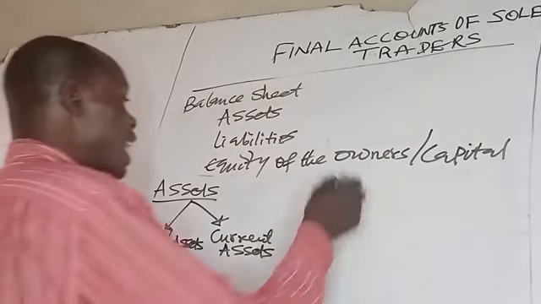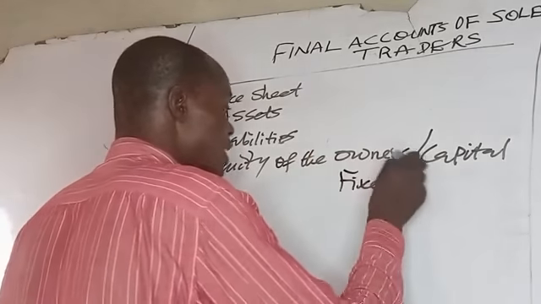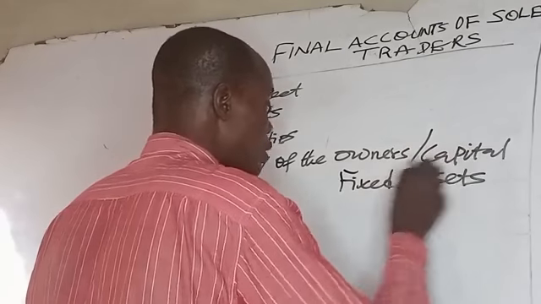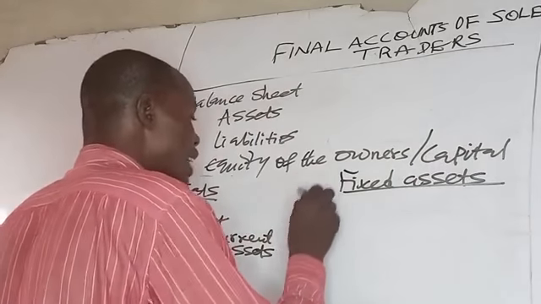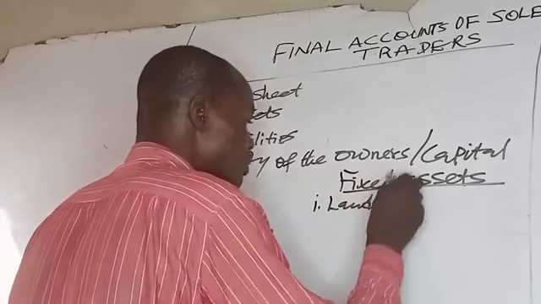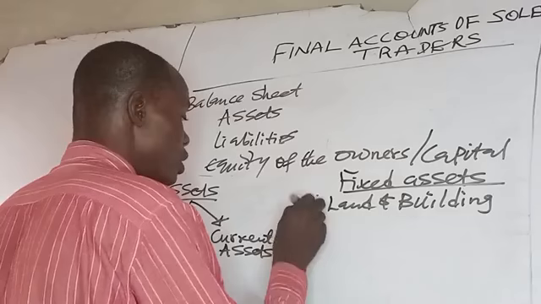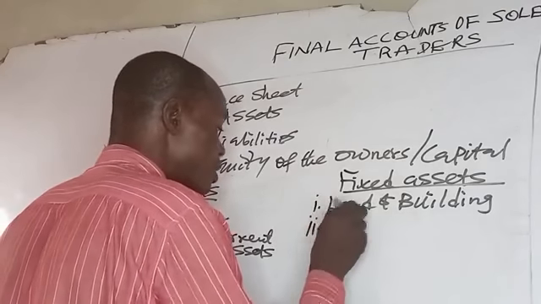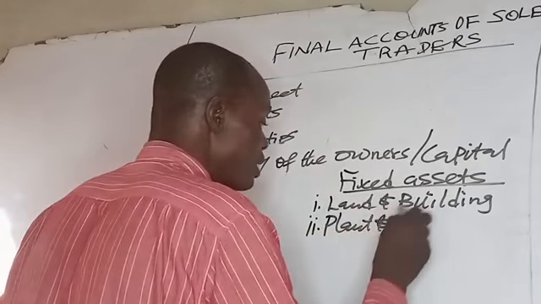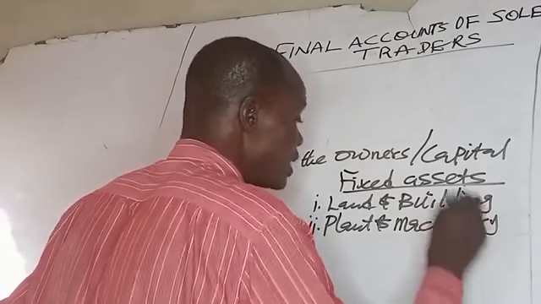Examples of fixed assets are land and building. Building may last for 50 years or more. So plant and machinery, these are fixed assets.